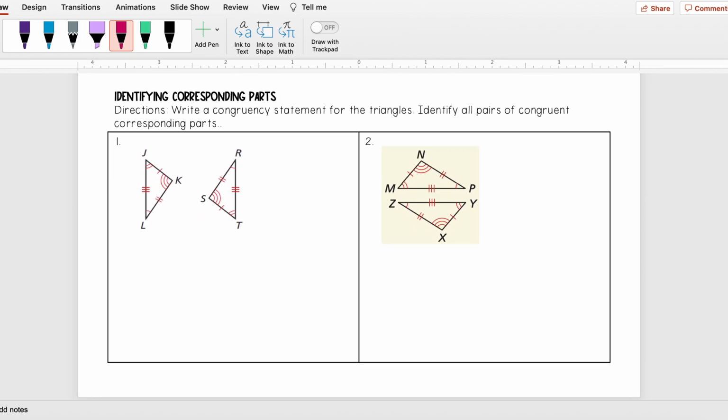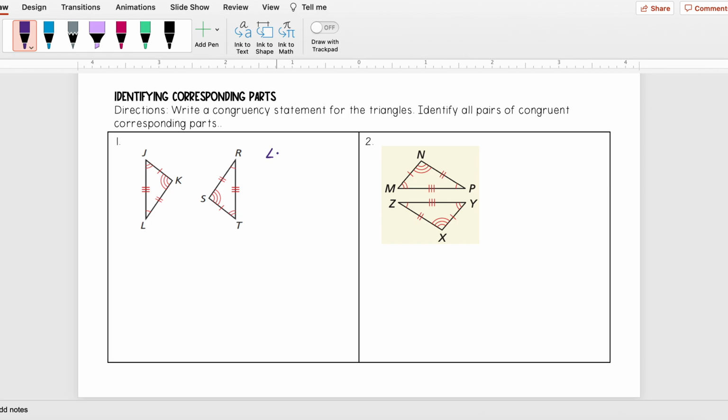So let's go ahead and do an example. So here I'm going to write a congruency statement for the triangle. Identify all pairs of congruent corresponding parts. So I'm going to start with just going ahead and stating which angles are congruent. I'm going to start with angle J right here, just to go in alphabetical order. It doesn't matter which one you start with.